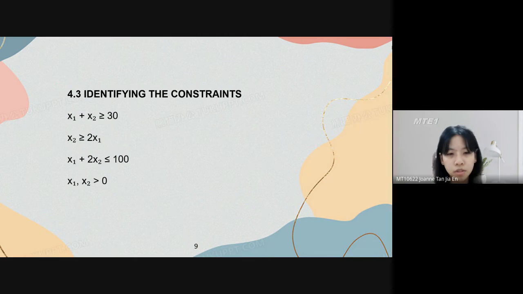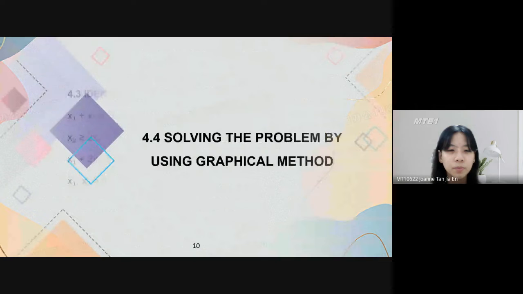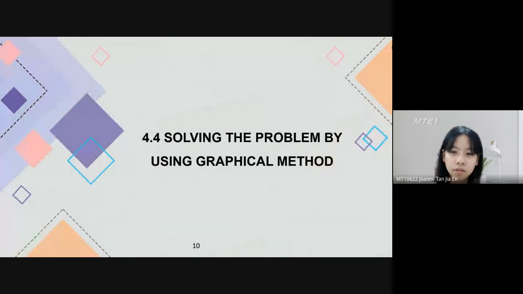In the question, Mr. Lee wants to plant both sunflowers and roses, so both of them should not equal 0. So the constraint is S1 and S2 should be greater than 0. That means at least one sunflower and at least one rose to be planted. Then we should solve the problem by using graphical method.